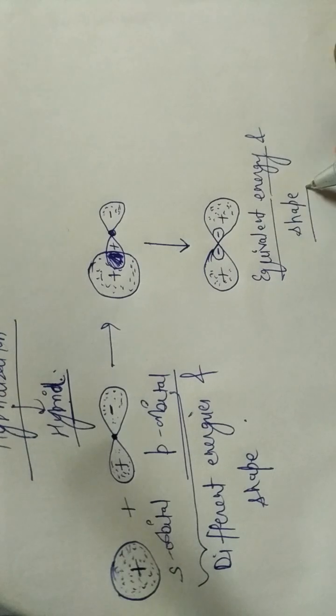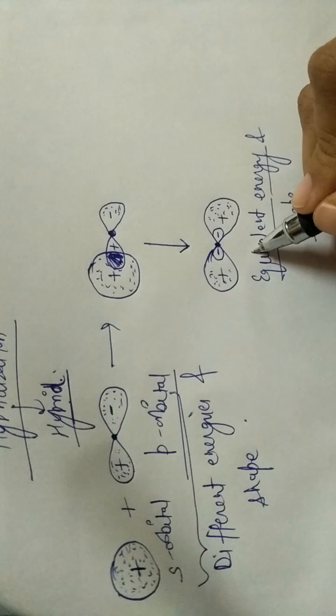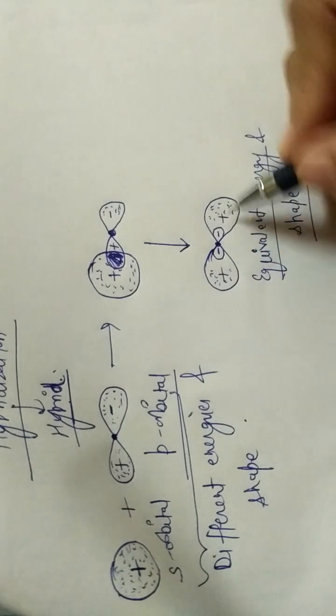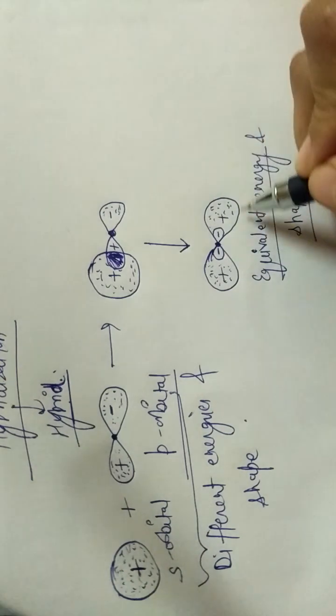So what is meant by equivalent energy and shape? That means the electron density is similar in the whole of the structure.